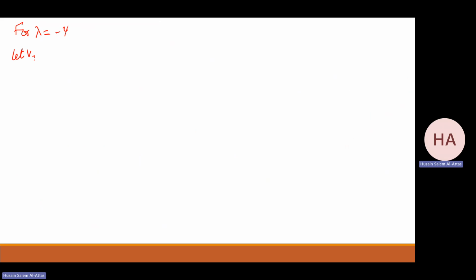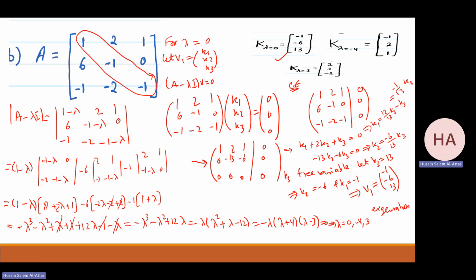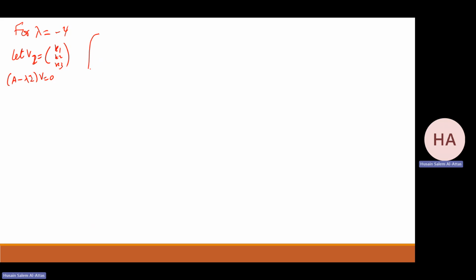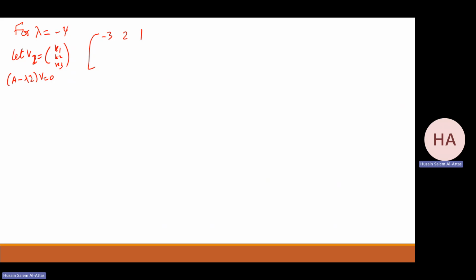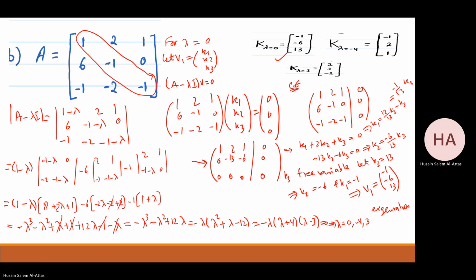I did V2 and I need to solve this system. Minus 4. So you have 1 minus 4. That will be minus 3, 2, 1. Good. Minus 1 minus 4. That will be 6, 3, 0.